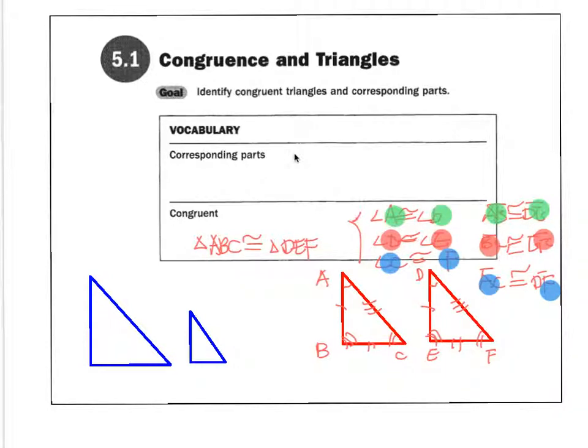In the blue triangles, I'm going to label the big triangle as ABC, and the small triangle DEF. Notice that angle A and angle D are congruent. Angle C and angle F are congruent.